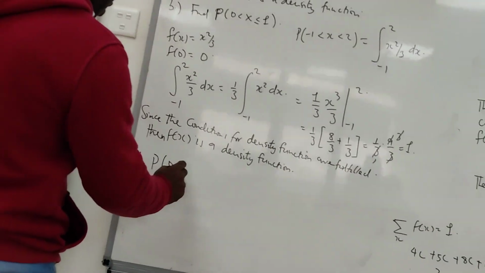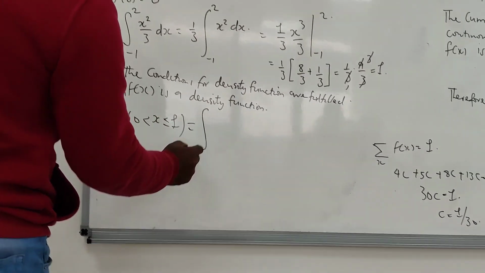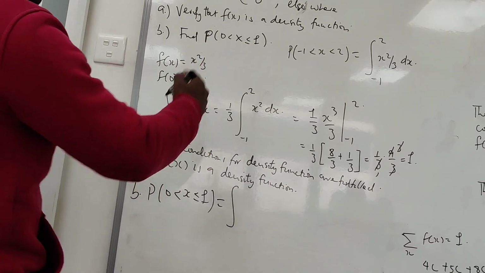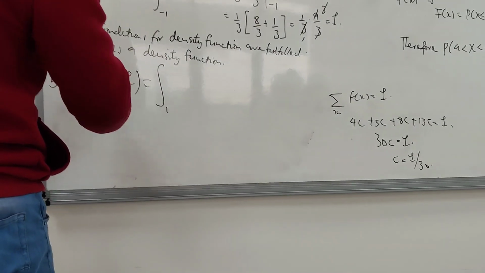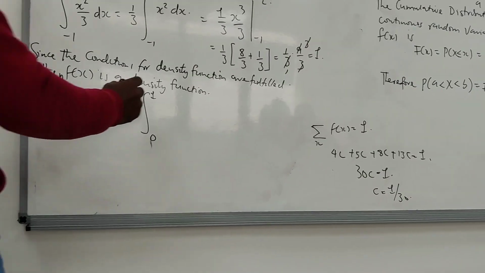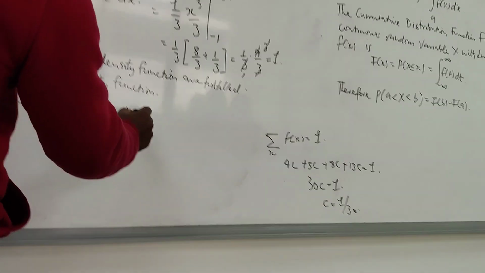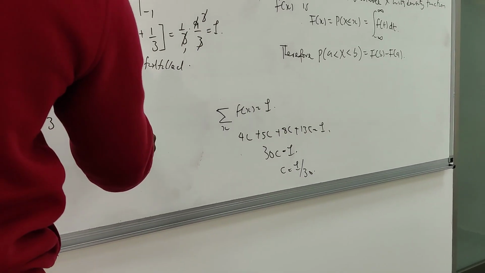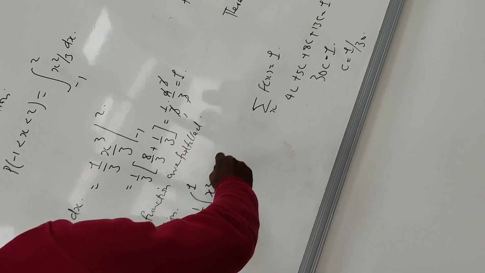Probability 0 less than x less than or equal to 1 is equal to the integral from 0 to 1 of x squared over 3 dx, which is equal to 1 over 3 times the integral from 0 to 1 of x squared dx.